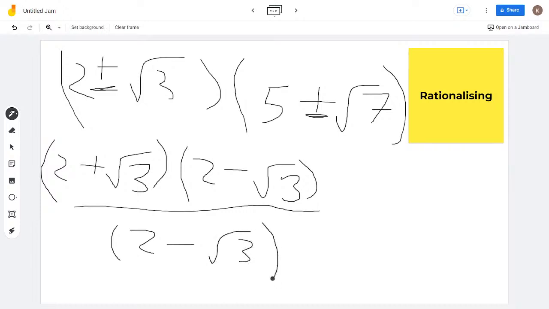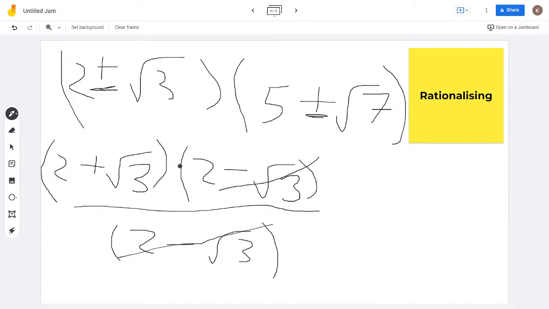What happened to this when you multiply and divide by the same number? See, when we multiply and divide by the same number, we are just multiplying it by 1, because similar terms vanish. So we are just multiplying by 1, and we are writing this 1 as 2 minus root 3 by 2 minus root 3.